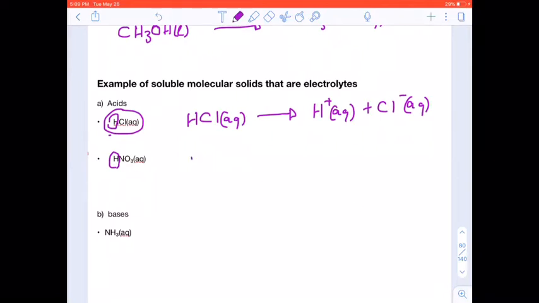So even if we have HNO3, say a liquid here, in water it then gives us H+ aqueous.